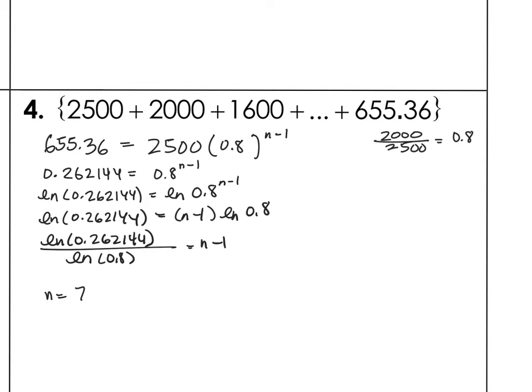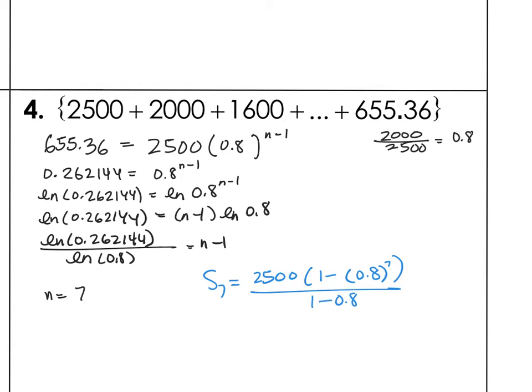I'm just going to change the color to show you that I'm shifting gears here. So the sum of the first 7 terms would be the first term, 2500, times 1 minus r, and r, we figured that out to be 0.8, so 0.8 to the 7th power, over 1 minus 0.8.